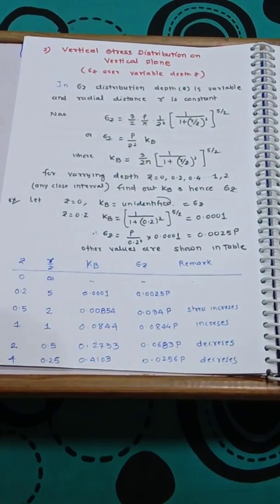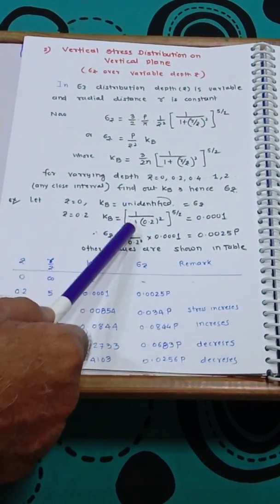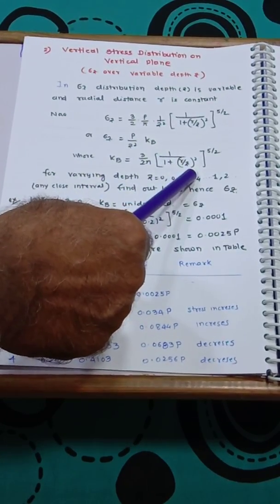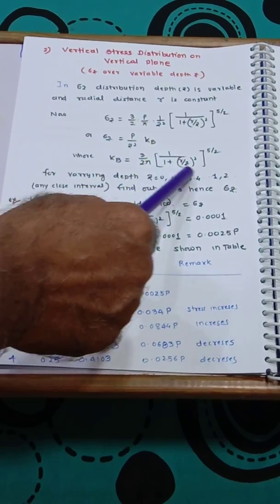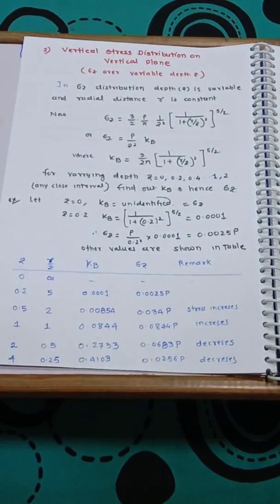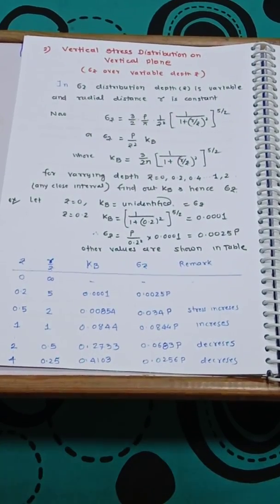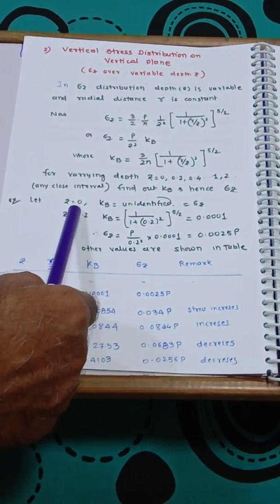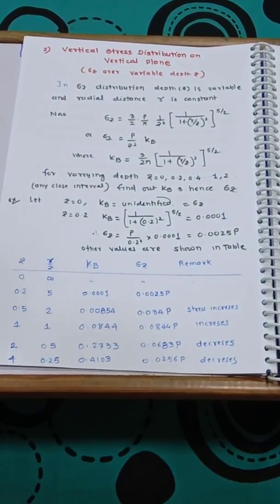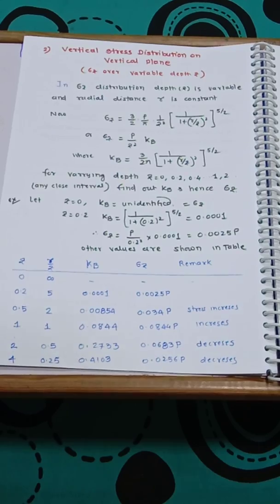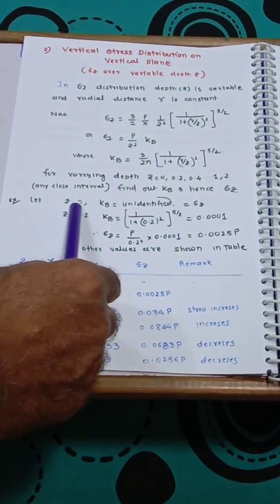Then r by 0 plus 1, and 1 upon this term is undefined. That's why this theory is not directly applicable for a point just below the load, that is, at depth 0. Just away from the load, if I take 0.001, the theory is applicable.